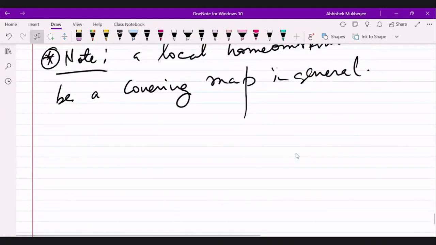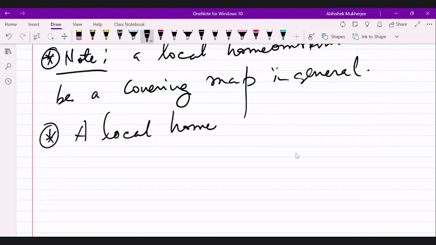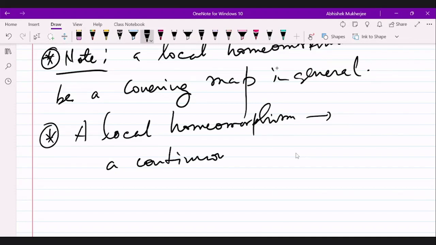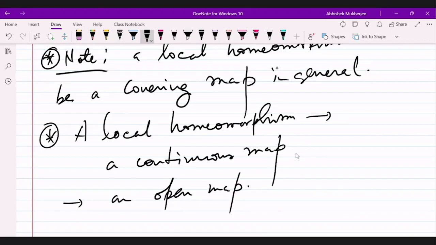Correct. But a local homeomorphism, these are all exercises, is a continuous map. It is an open map. Okay.